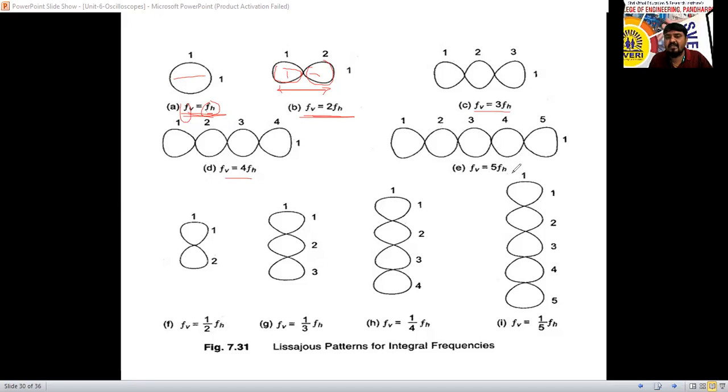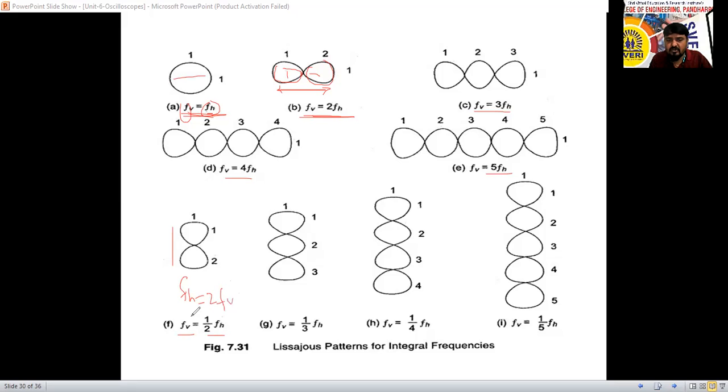Like that, the signals will come. That is the Lissajous method. If it increases vertically instead of horizontally, we can write FH equal to 2FV. Both are the same, no? FH equal to 2FV.